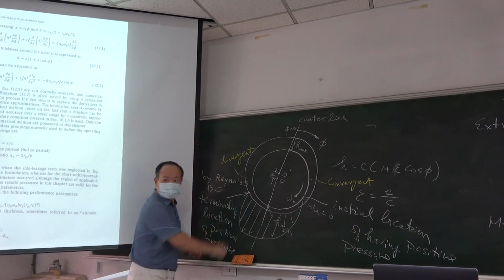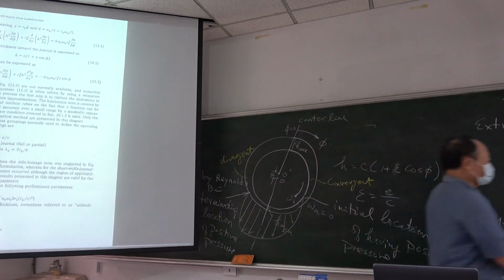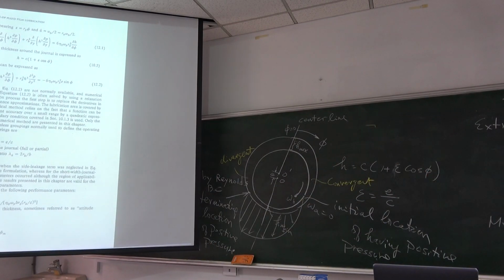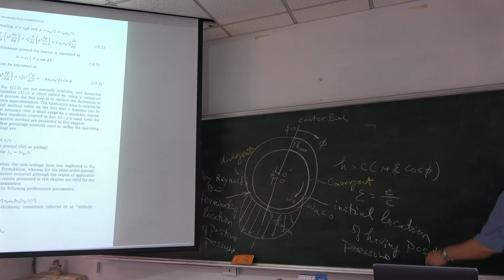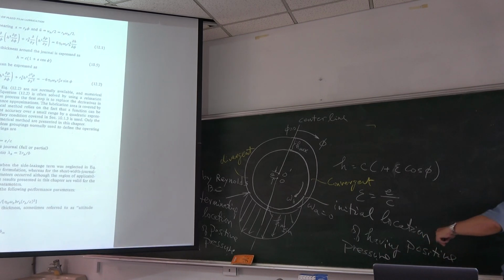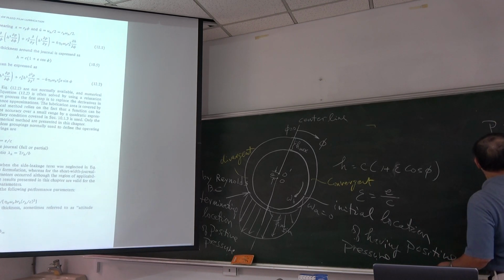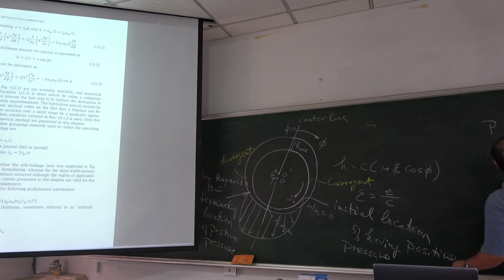Here is the Reynolds boundary condition to solve this problem, this position. Let me review it, very simple. P equals 0, and partial P partial phi equals 0.